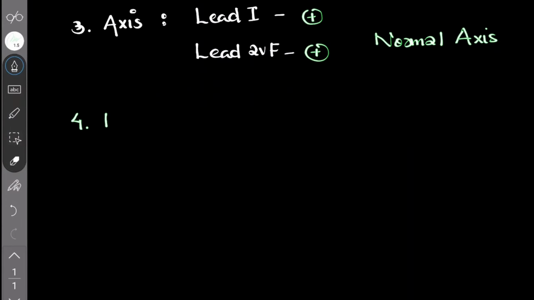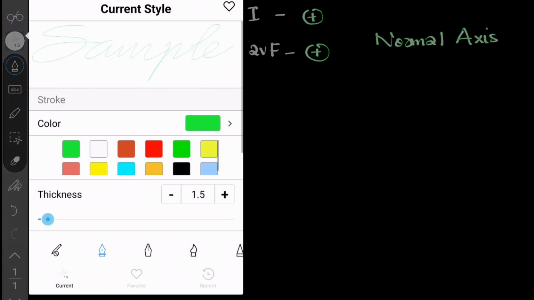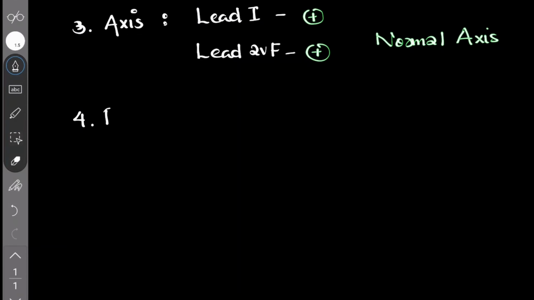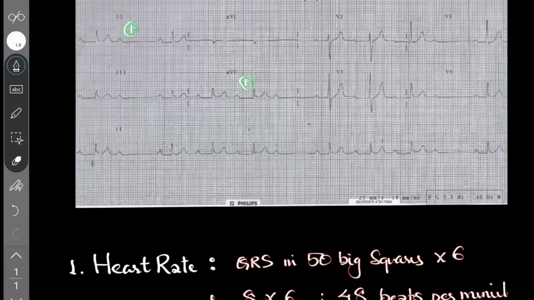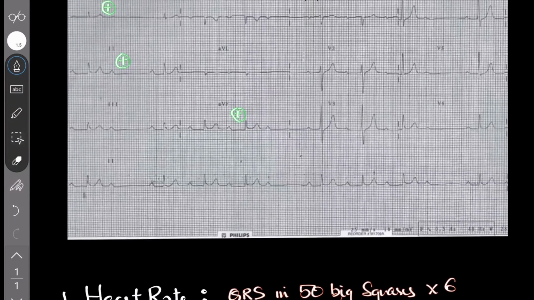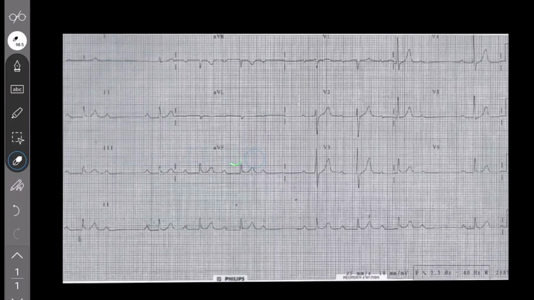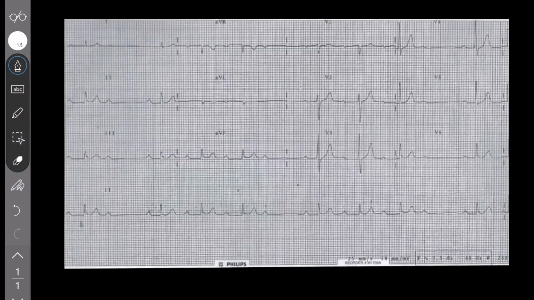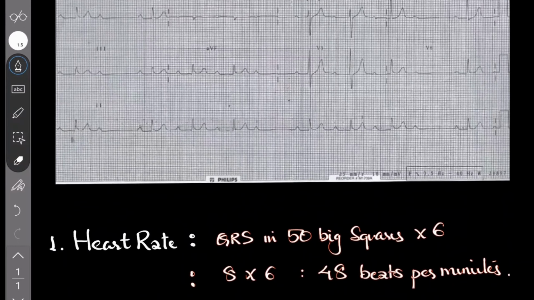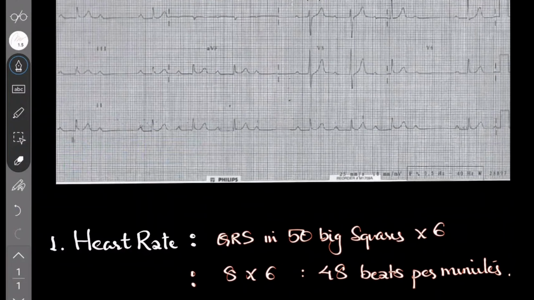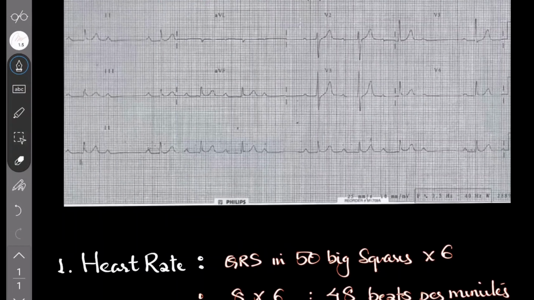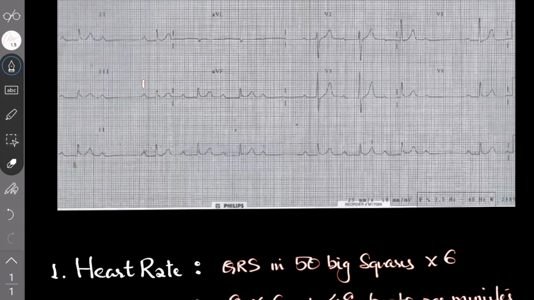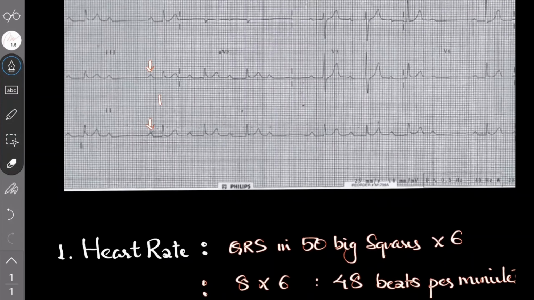Now you check the P wave. First wave is the P wave. In the leads, in lead 2, 3, the inferior leads, you see that the P waves are spiked. It is suggestive of a P pulmonale.